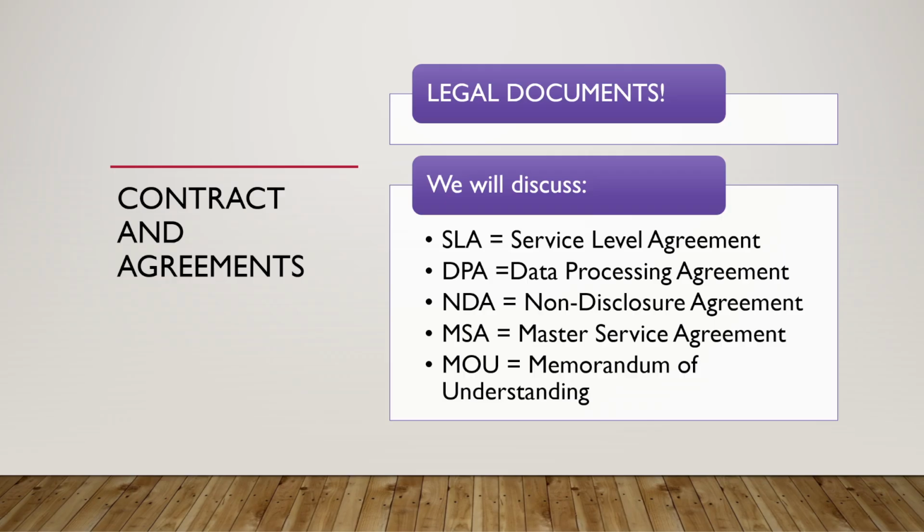They make sure that they maintain certain security measures, comply with regulations, or outline how incidents should be responded to if they occur. So the ones that we're going to talk about are an SLA, the service level agreement. We'll talk about the DPA, the data processing agreement, the NDA, which most of us probably know, the non-disclosure agreement, the MSA, the master service agreement, and then the MOU, the memorandum of understanding.